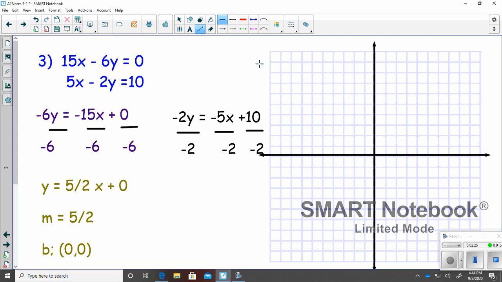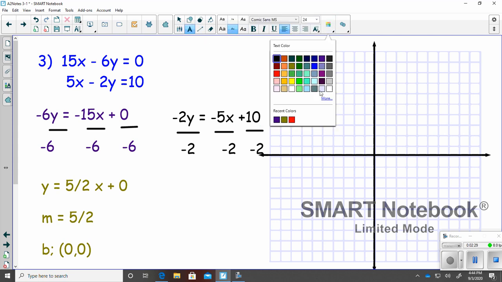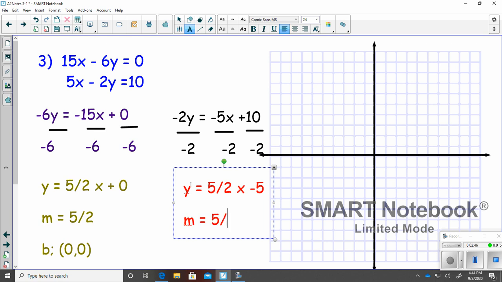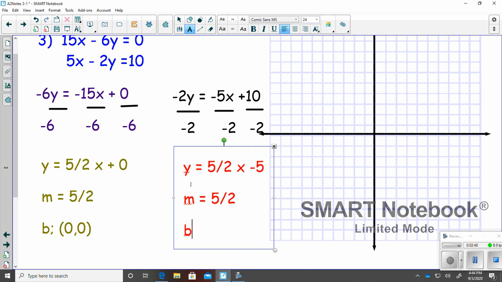And then when I simplify, I'm going to end up getting y is equal to a positive 5 halves x, and then 10 divided by -2 is -5. And likewise, you're going to list your slope and your y-intercept.